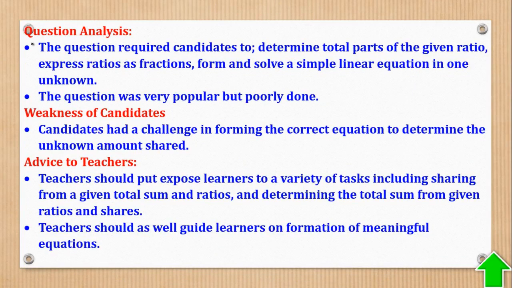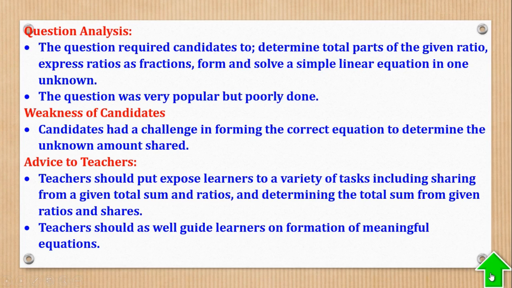So like you always know, UNEB makes reports after every marking. This extract was got from the report written by UNEB on the work of candidates, and those reports are available on their website. So question analysis: the question required candidates to determine the total parts of the given ratio, express the ratios as fractions, and form and solve a simple linear equation in one unknown.